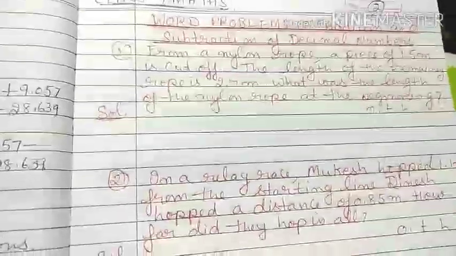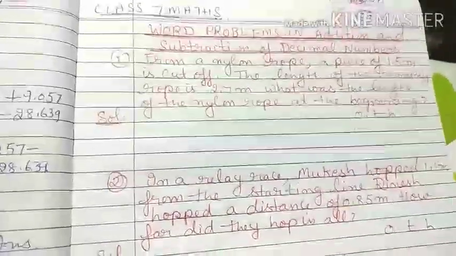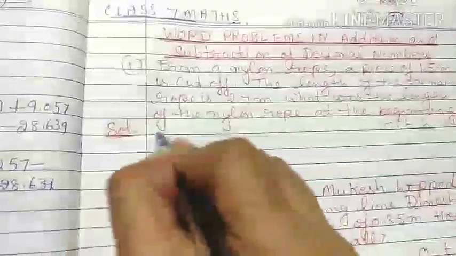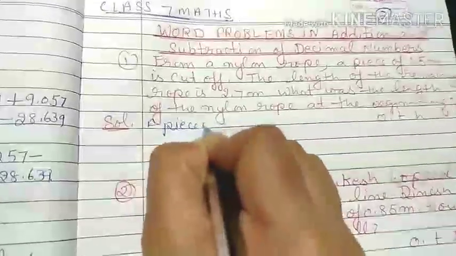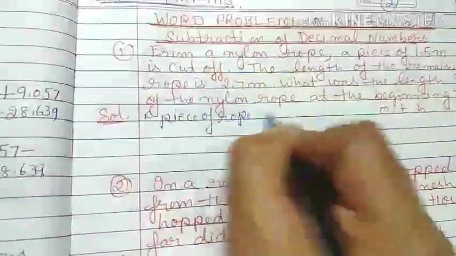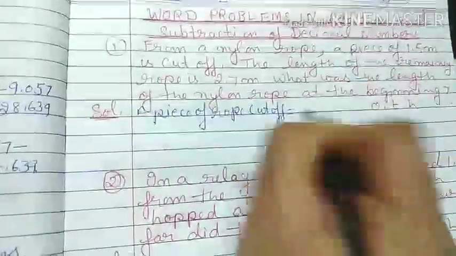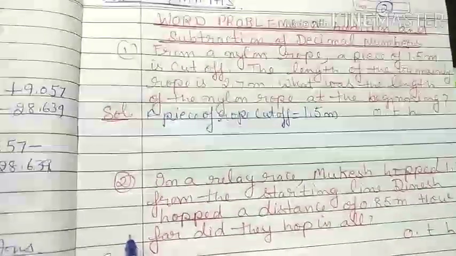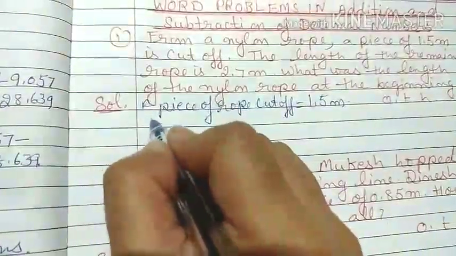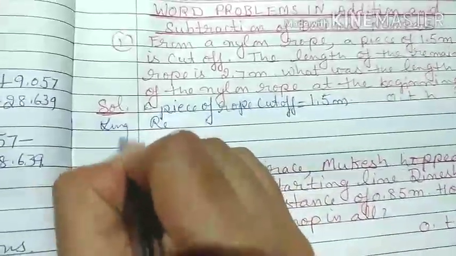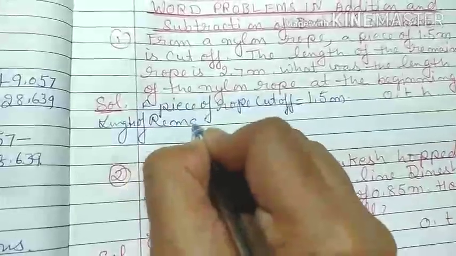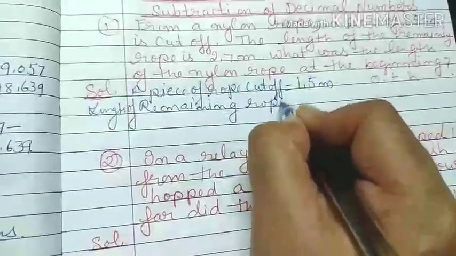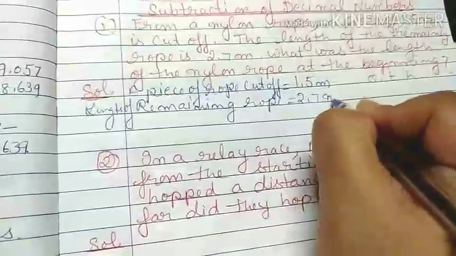In this case, to get the total length you have to add both the parts. First write: piece of rope cut off, 1.5 meter. Now the length of the remaining rope: 2.7 meter.